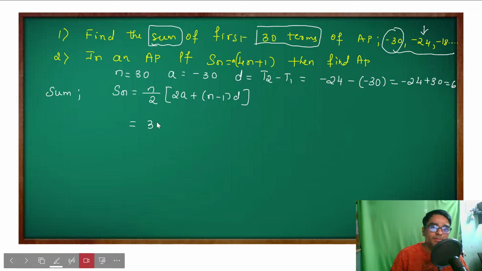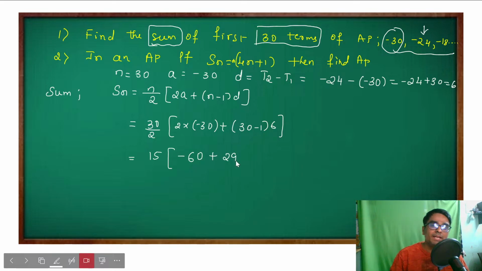30 by 2, and here 2 into minus 30 plus 30 minus 1 into D. What is D here? 6. So this will be 15 into minus 60 plus 29 into 6.